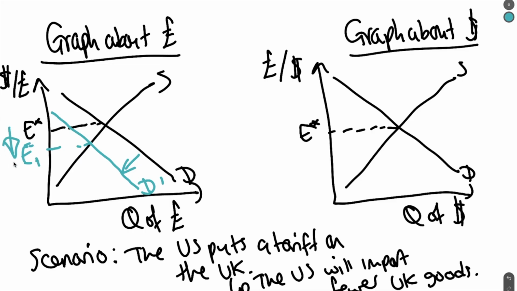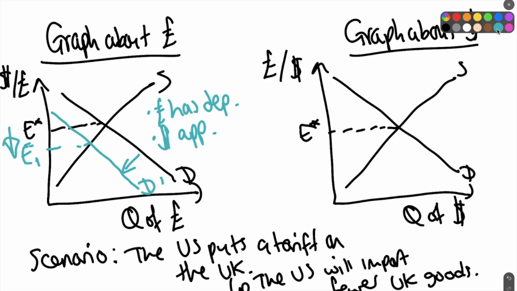This graph is all about the pound, so this intuitively tells us the pound has depreciated, which must mean the dollar appreciates. How will we then show this on the graph about the dollar? On the graph about the dollar, the UK are the foreigners.